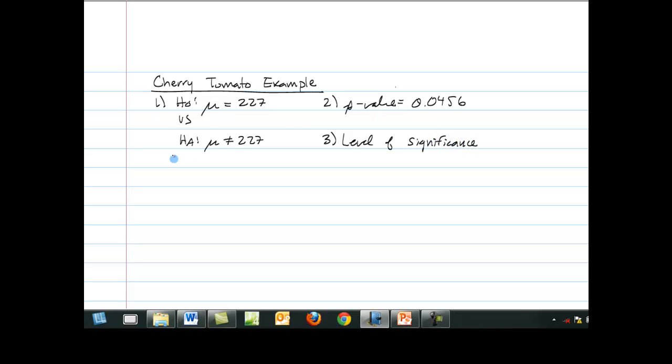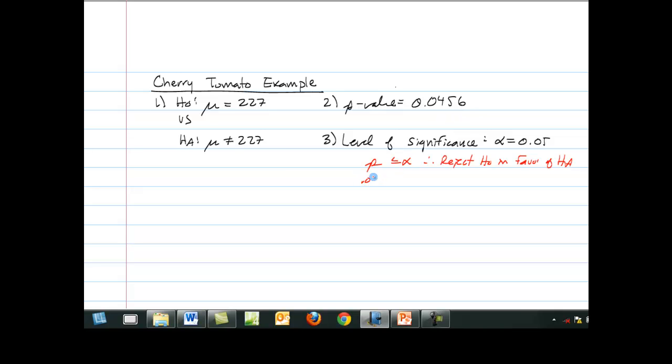The third step that we want to go through is to compare this to the level of significance. And actually you should state the level of significance up in here somewhere, but we'll revise that. The level of significance is 0.05. Now what we have here is p is less than or equal to alpha. Therefore we should reject H0 in favor of HA.